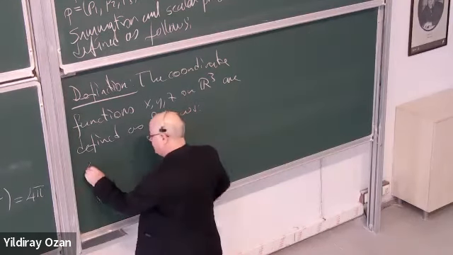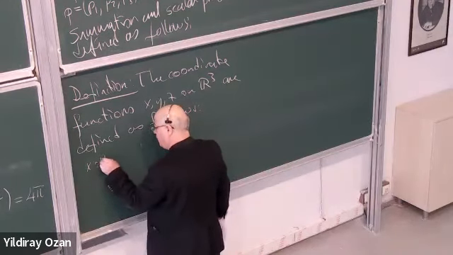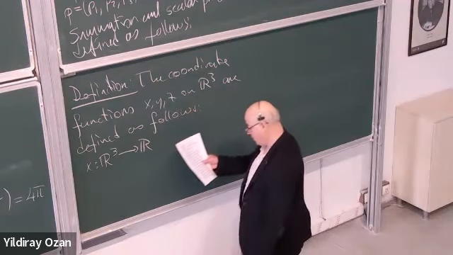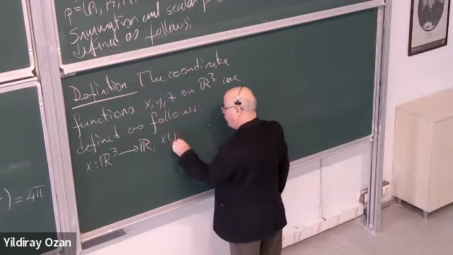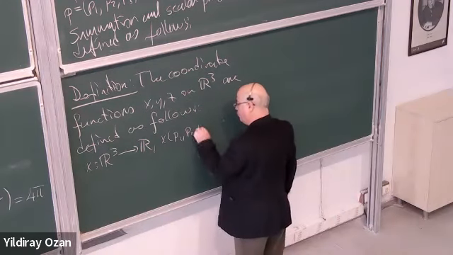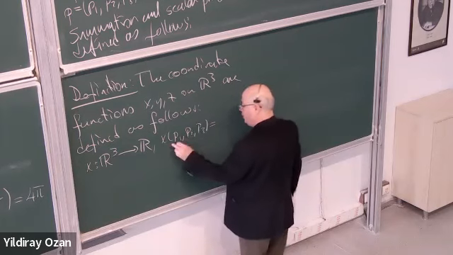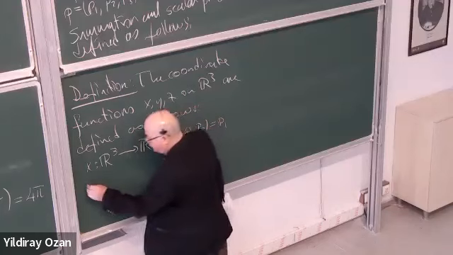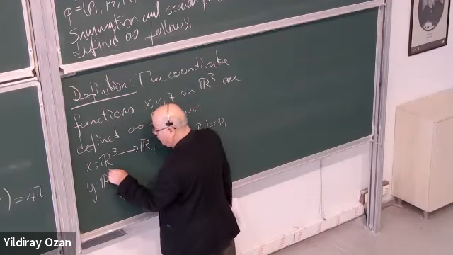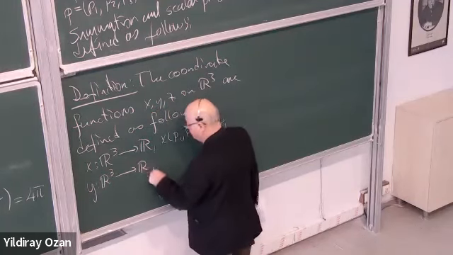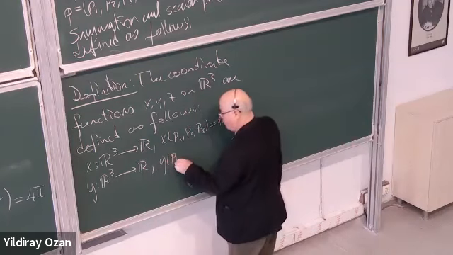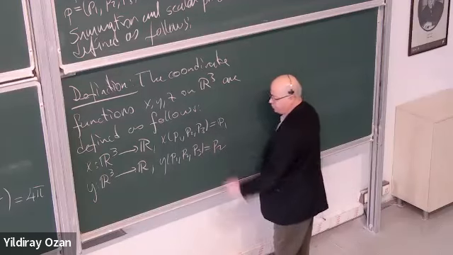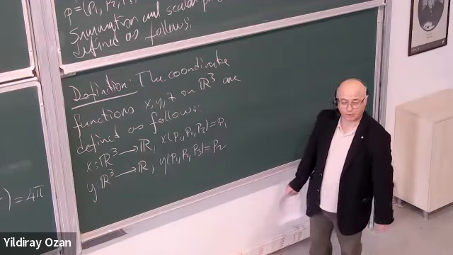So x is a function defined on R3 and takes values in R, and x of a point (P1, P2, P3) is the first entry, P1. Y is another function, the y coordinate, and it gives us actually the second entry of the triple.